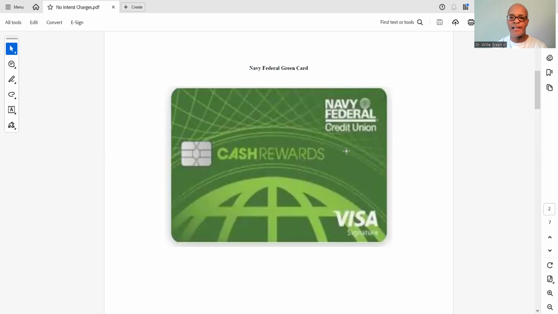So I'm using my Navy Federal green card, which has an outstanding available balance of $6,200.